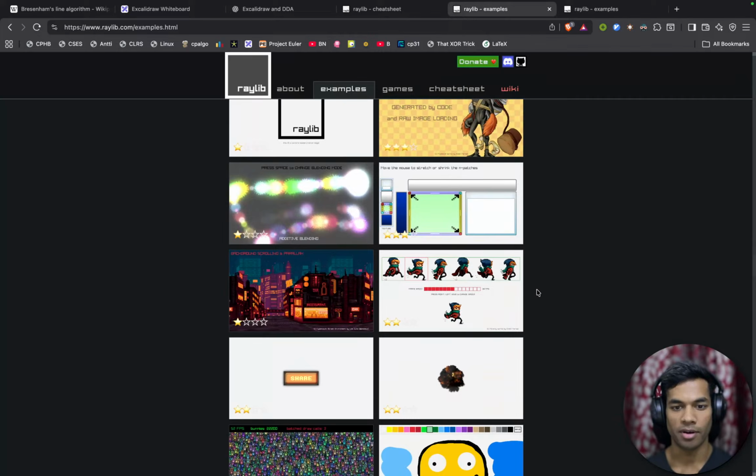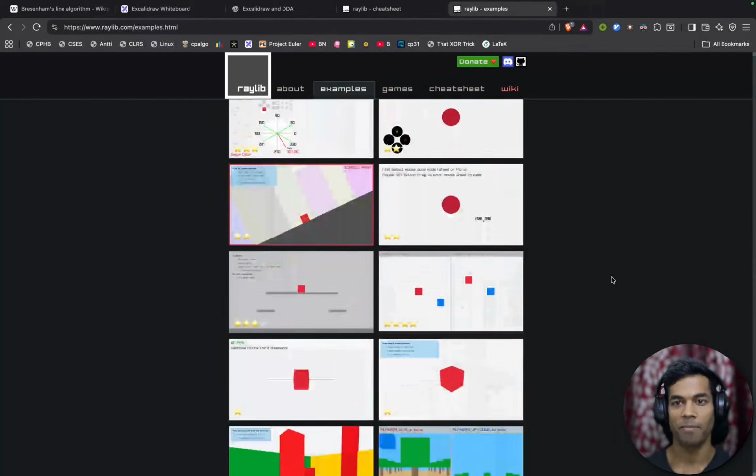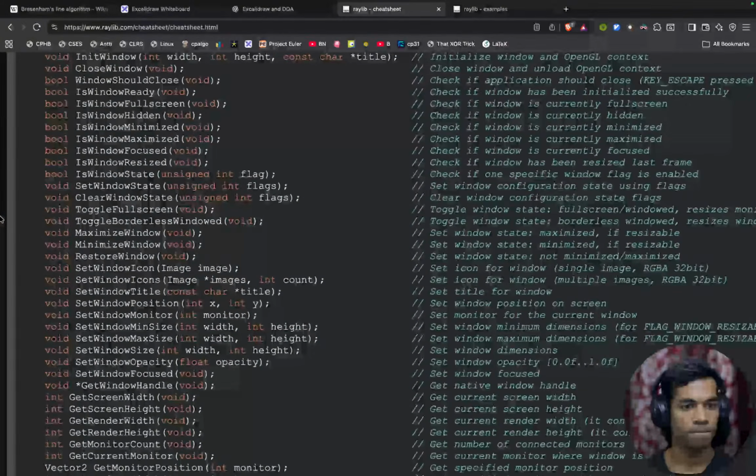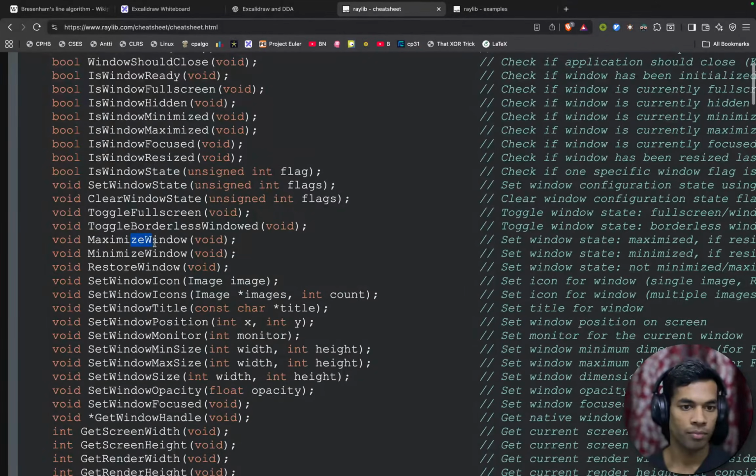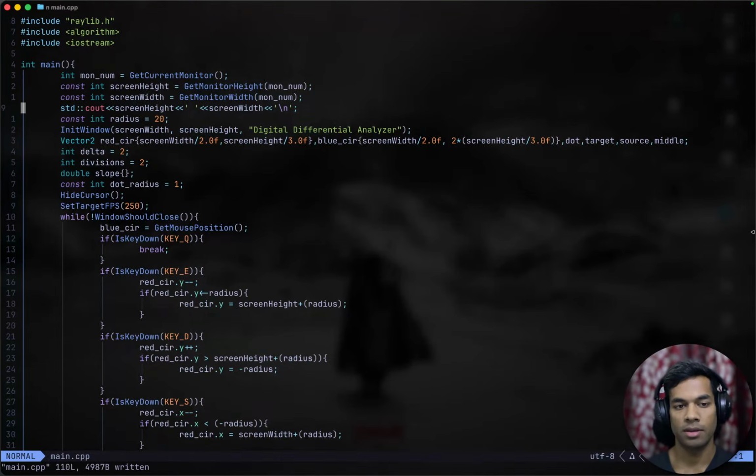Yes, I was looking for how to maximize the window. Toggle full screen. I think we can do that. Toggle full screen.